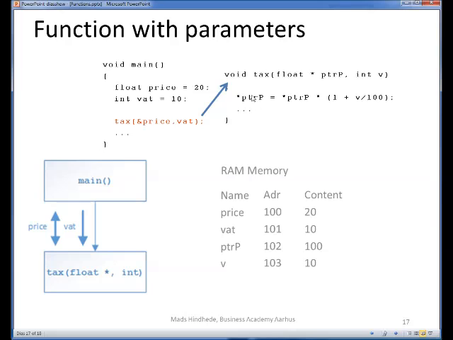And then I can do some math calculation where the pointer points to and with the variable v. And I change where the pointer points to, and the pointer points to address number 100, so I change the content of number 100. And when going back, the two parameters declared in the function header are no longer available.